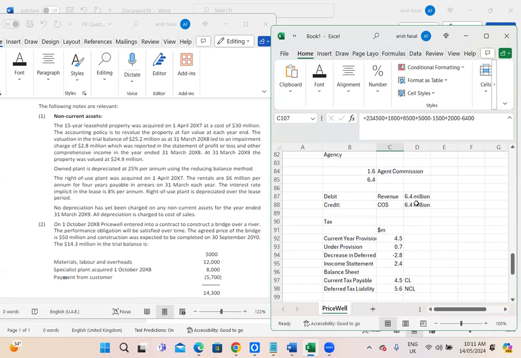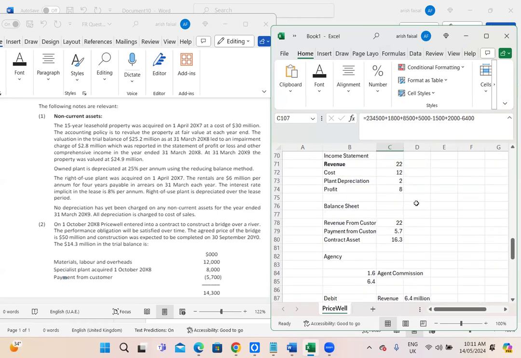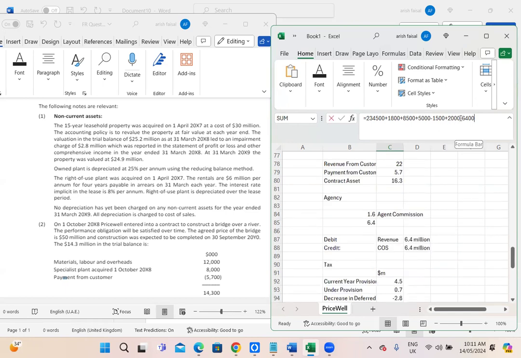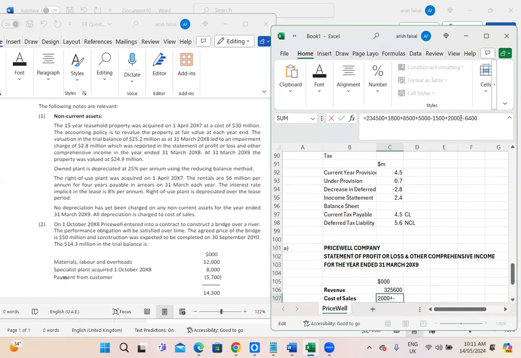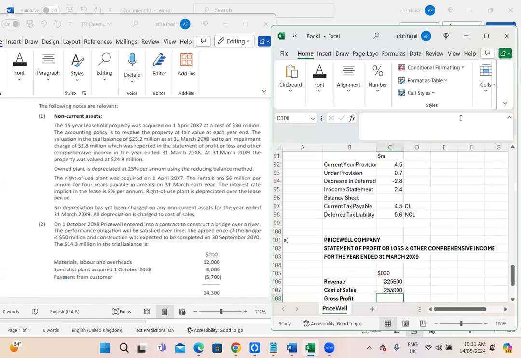Basically, for the contract, we can put 14, like 2 for the plant depreciation, and then 12,000 was the cost for the construction contract, the material, labor, and overhead what you have spent. And 6,400 was the removal of the cost of sale from the agency relationship.